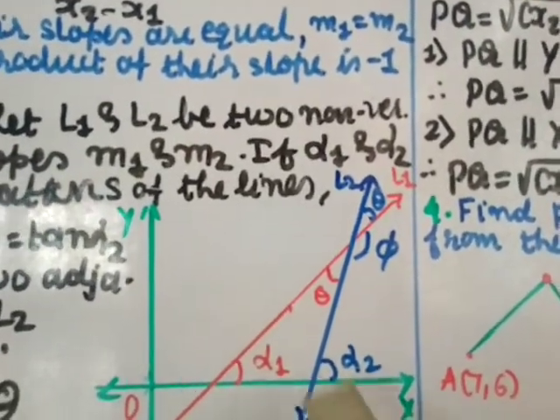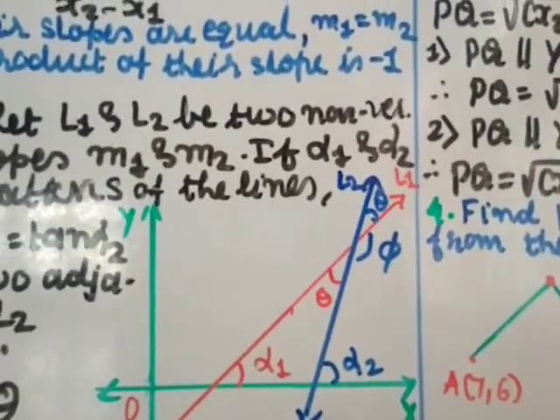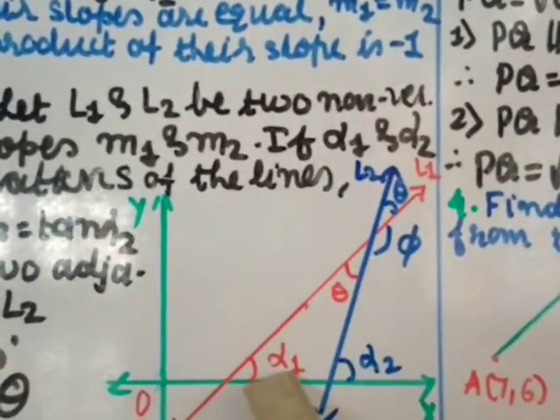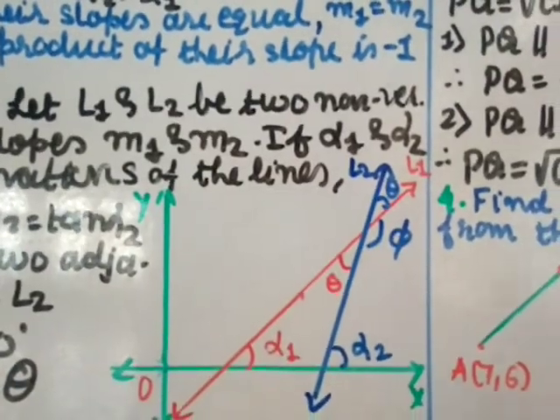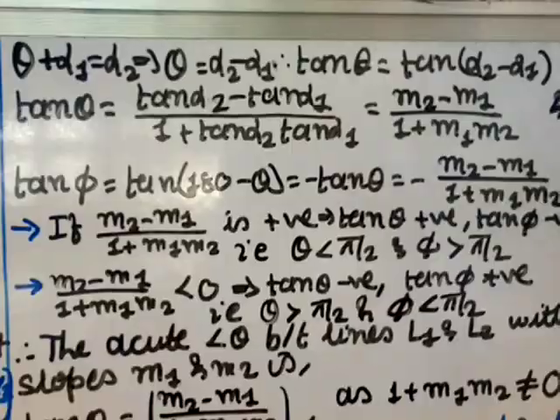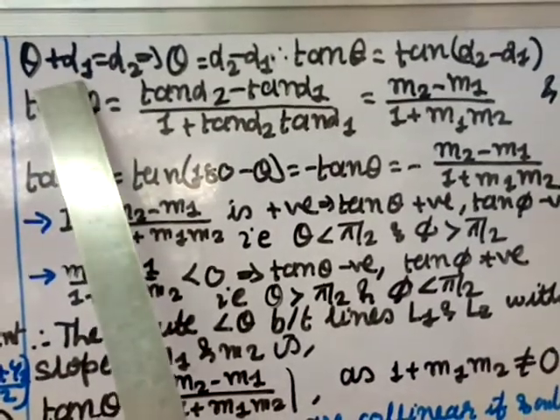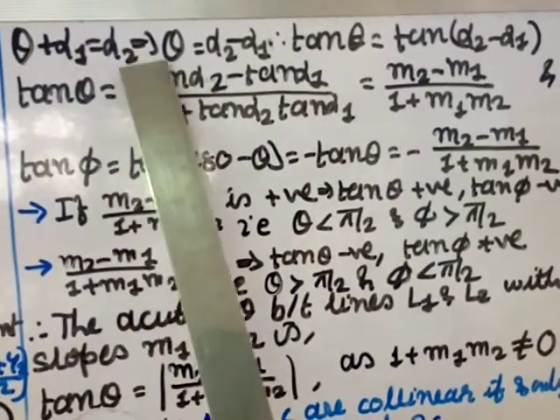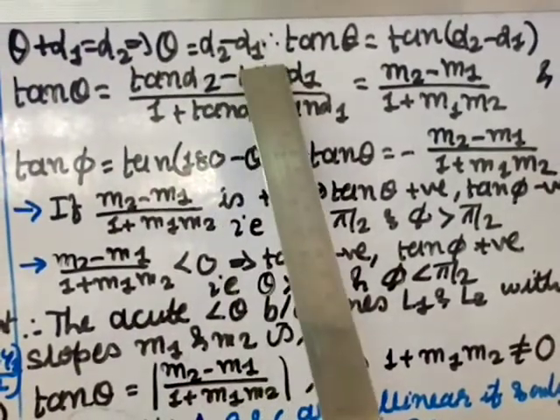And in this triangle, this is external angle. So you know the relation between these two angles and this angle as theta plus alpha 1 equal to alpha 2, because this is the external angle and this is a formed triangle. So theta plus alpha 1 is equal to alpha 2. This alpha 1 transfer over here. So here remains theta equal to alpha 2 minus alpha 1.